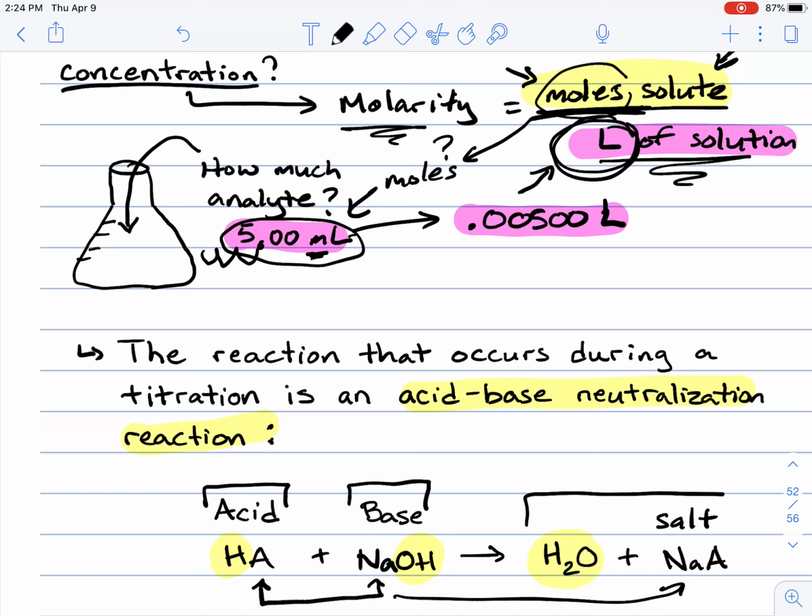And so if you look at the products, do we see any more protons or hydroxide ions? And the answer is no, we don't. And so that tells us that the solution has been completely neutralized.